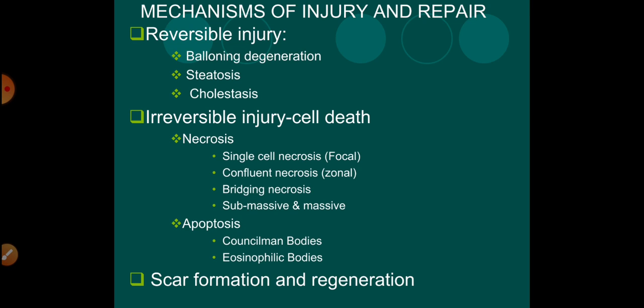Because the hepatocytes are like stem cells and have a lot of regenerating capacity, if there is only parenchymal damage with intact supporting tissue, then regeneration of the hepatocytes can occur. Whenever there is damage to the supporting structures, the healing occurs by scar formation.